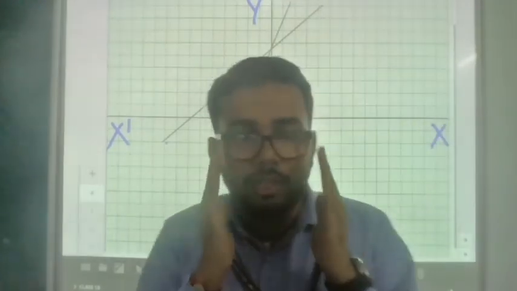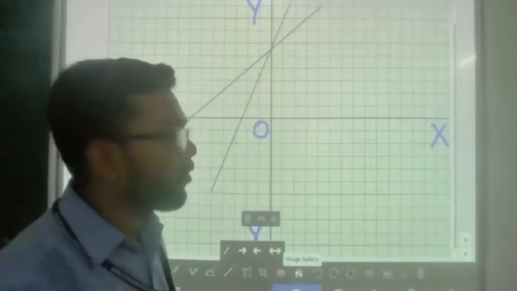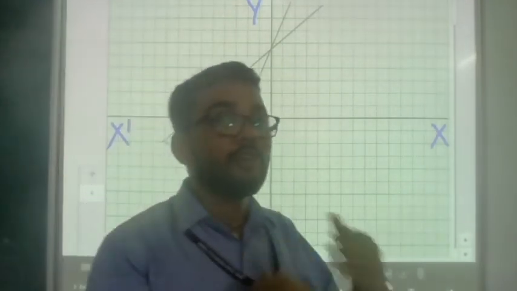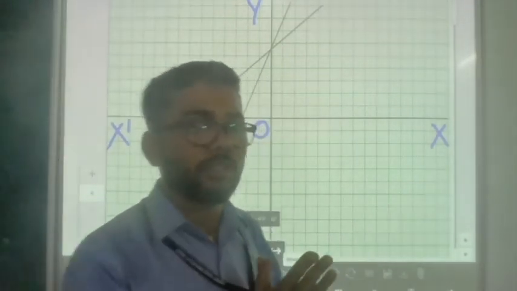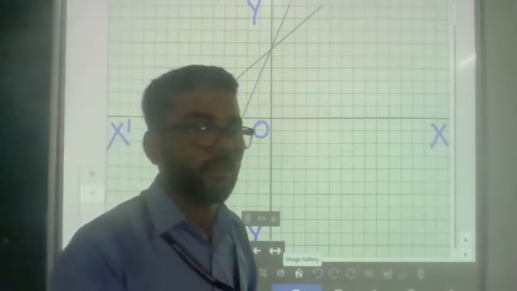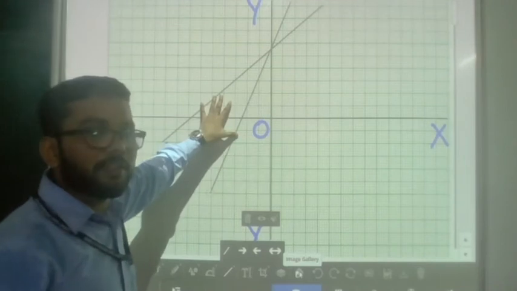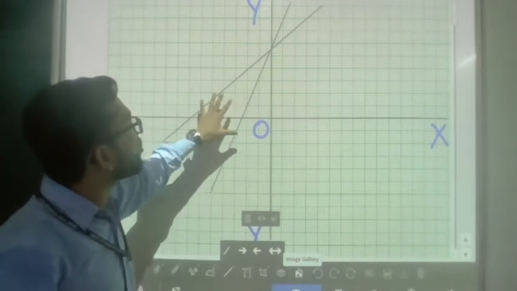If we draw a graph of a linear equation, we get a straight line. If we draw a graph of a pair of linear equations, we get two straight lines, like this.